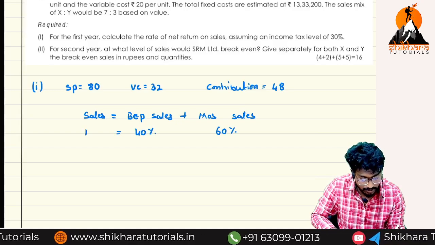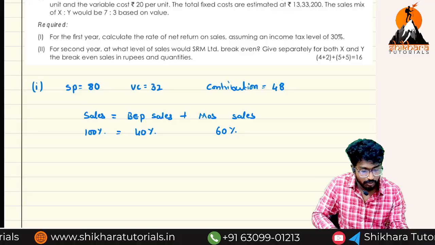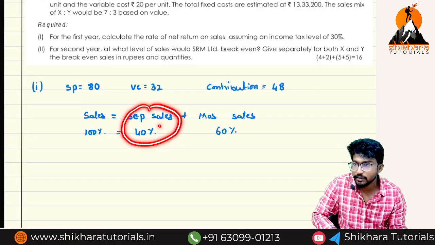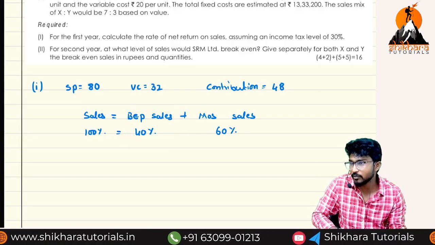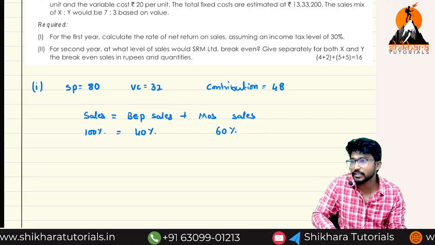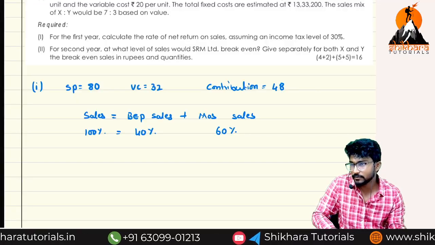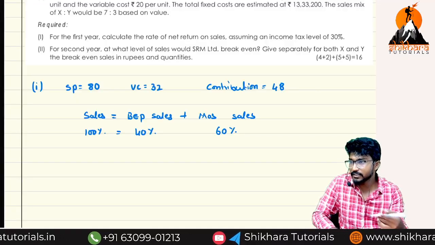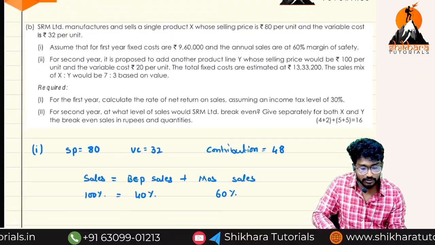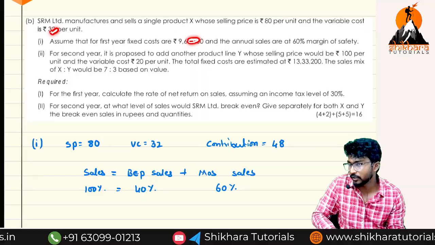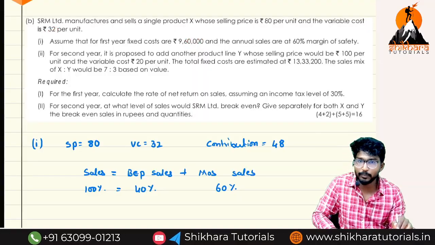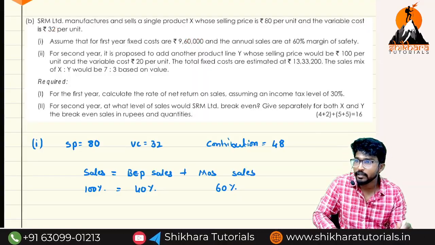That is equals to sales is 100%. Now we need to calculate which sales? BEP sales. We have data readily available. So for calculating BEP sales, what we need? BEP sales in rupees. For BEP sales in units, it is fixed cost divided by contribution per unit. For BEP sales in rupees, fixed cost divided by PV ratio.